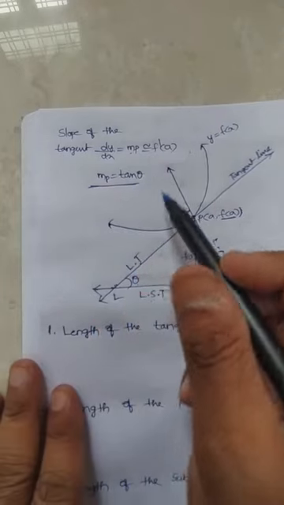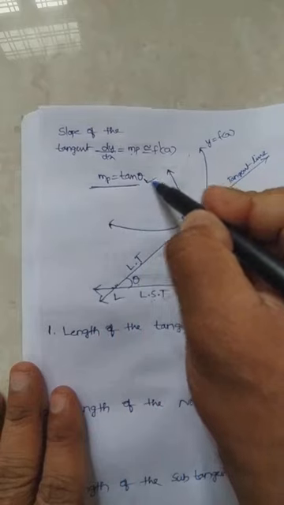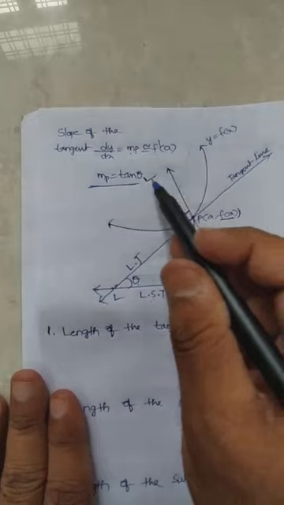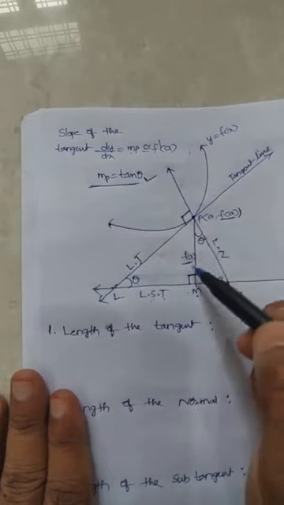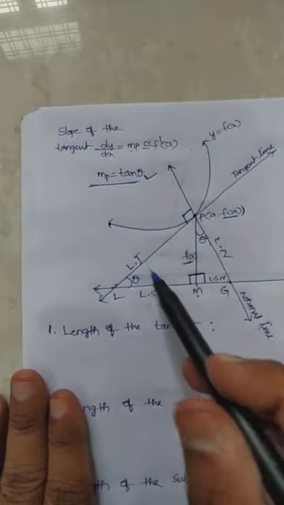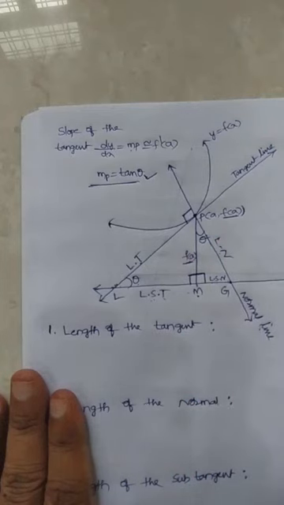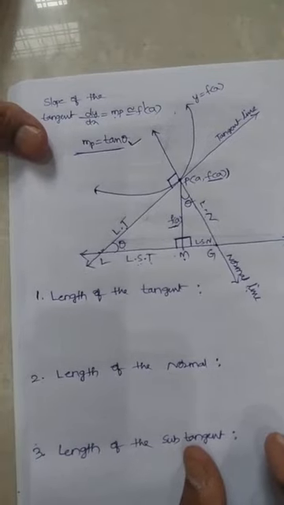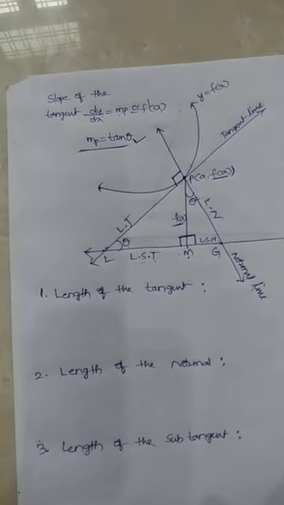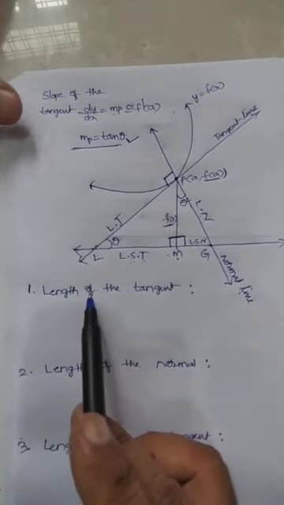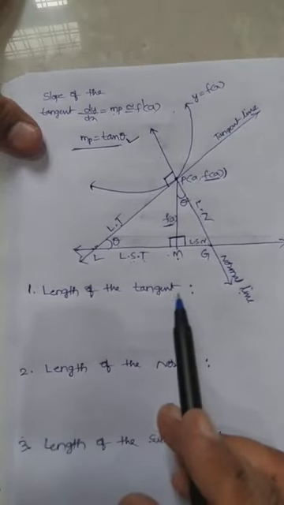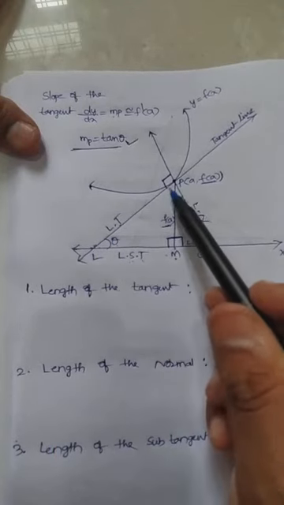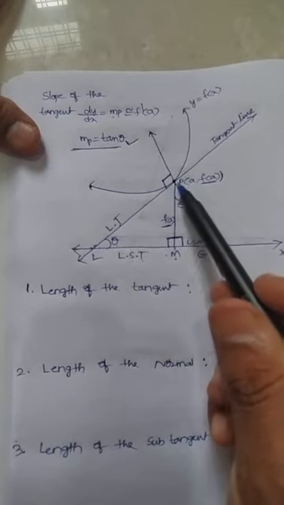So we know this tan theta, and we also know this PM bar, which is f of a. By using these two values, we are going to find all these four values. First one, the length of the tangent line, PL bar, I am going to find.